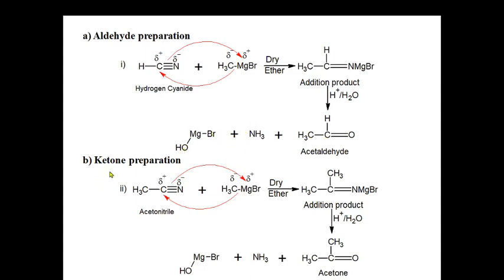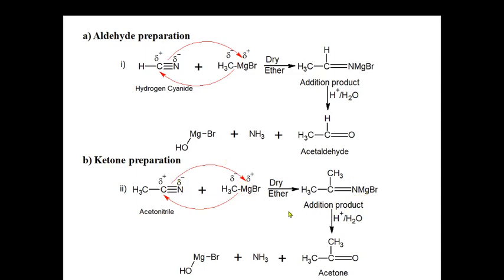Let's see the ketone preparation. Here just hydrogen is replaced by methyl and nothing else. This is the acetonitrile. The remaining part is as it is, very similar. So methyl, which has a negative polarity, will attack the carbon, the double bond will open, and this counterpart will be attached to nitrogen.